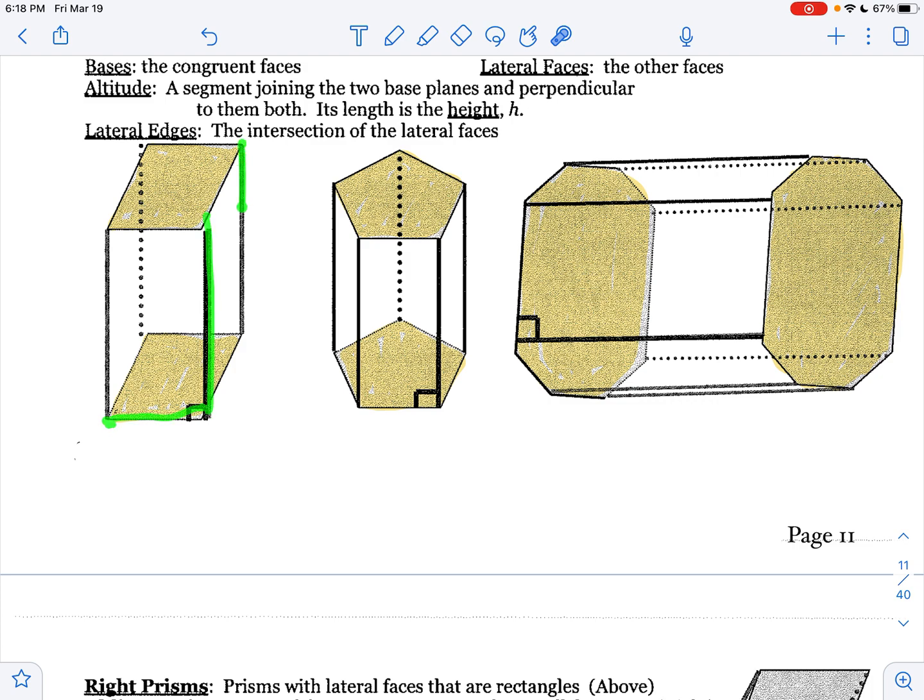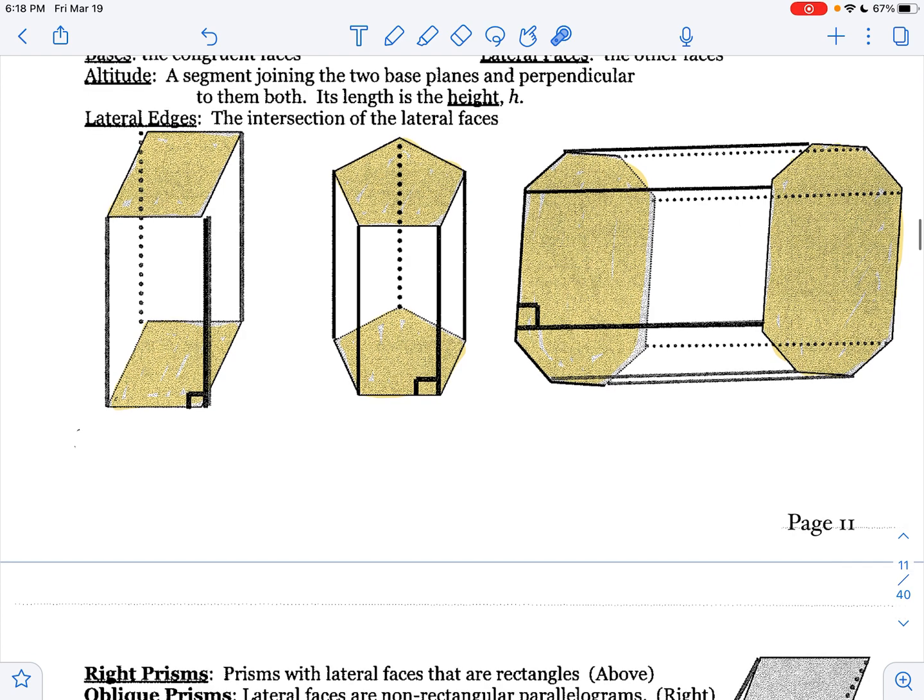So notice that the height is the same for all the rectangles as we go around. So the formula can be summarized as taking the perimeter of the base and then multiplying it by the height. Essentially, we are multiplying the height to each one of those sides, and that's going to allow us to come up with the sum of the area of the lateral faces.